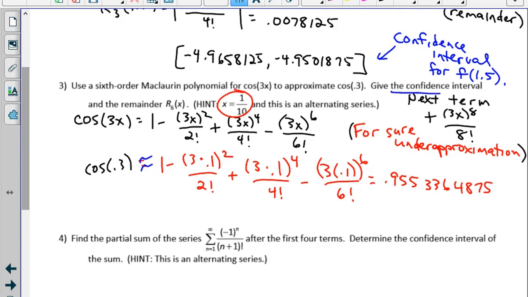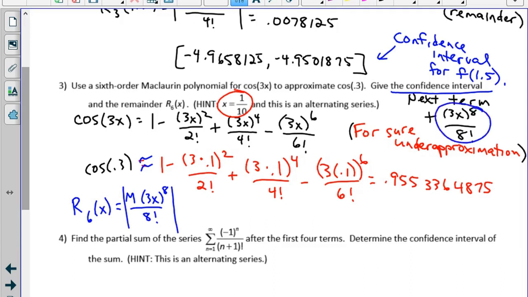Now I want to give the confidence interval and the remainder R6. So if I find R6 of x, that means I need the maximum possible derivative times (3x) to the eighth over 8 factorial. The reason why I need 8 is, once again, the next term is (3x) to the eighth over 8 factorial.